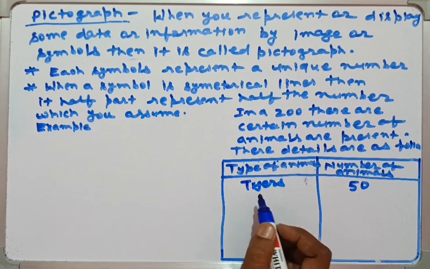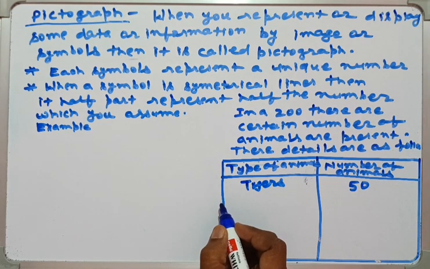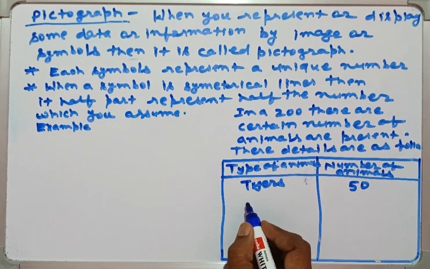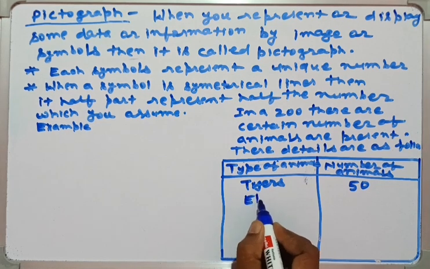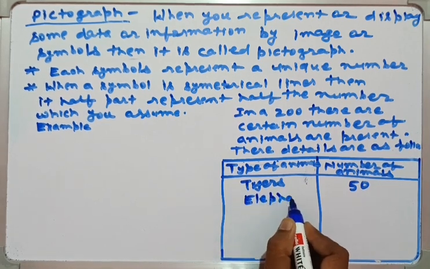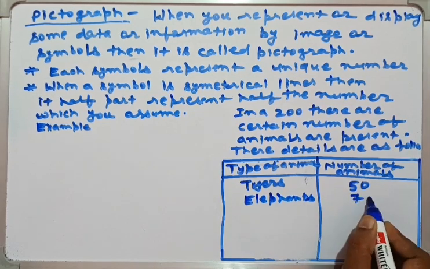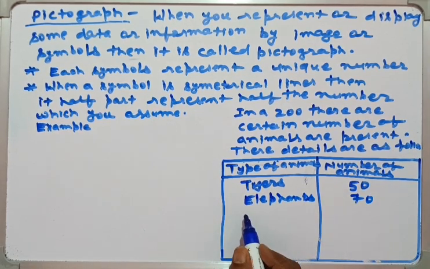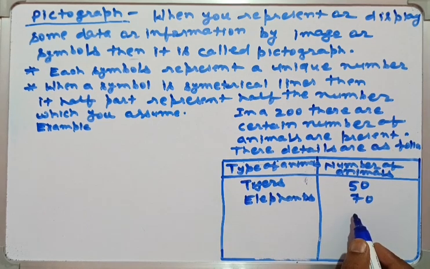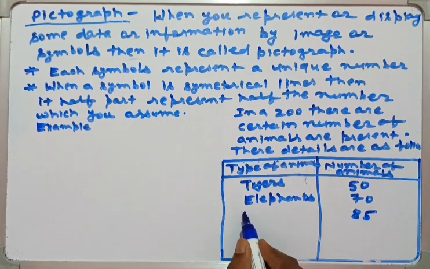And in this zoo there are 70 elephants. Again I assume in this zoo there are 85 monkeys.